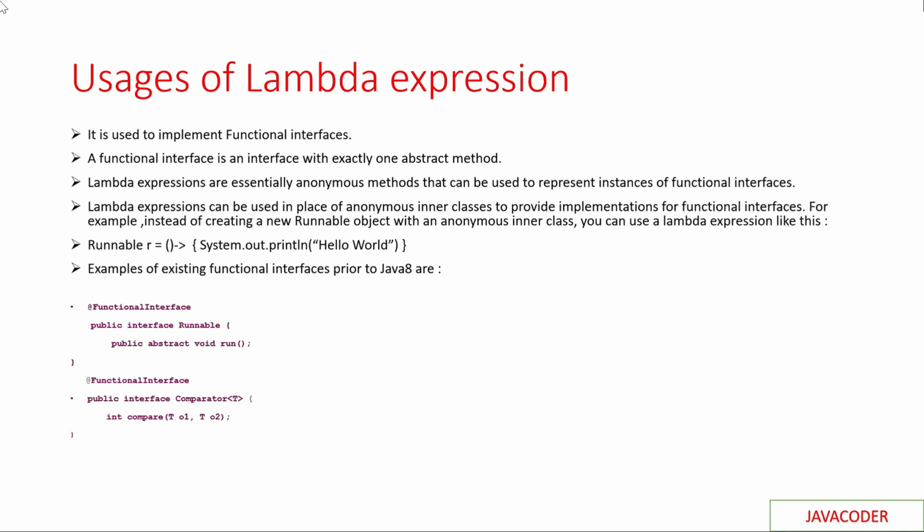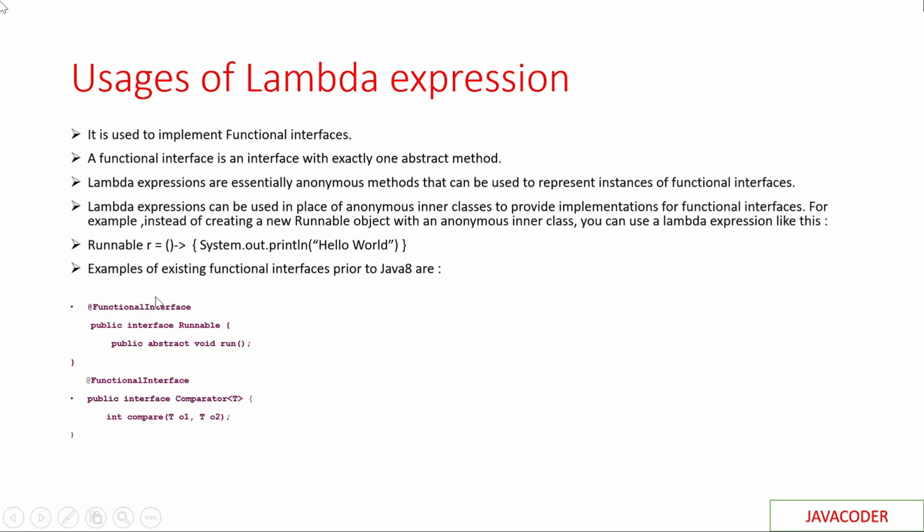So lambda expressions are basically instances of functional interfaces. For the time being we can say that a lambda expression is used to represent an instance of a functional interface, and it can easily replace the anonymous inner classes which were used earlier to provide the implementations of functional interfaces.